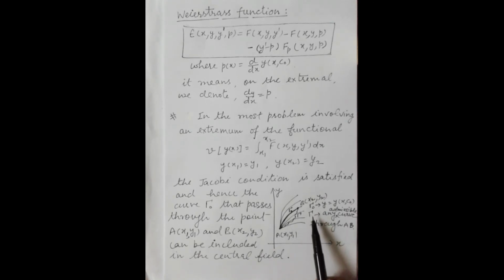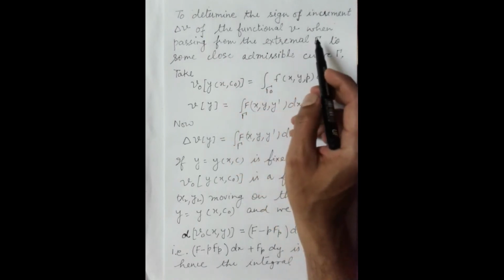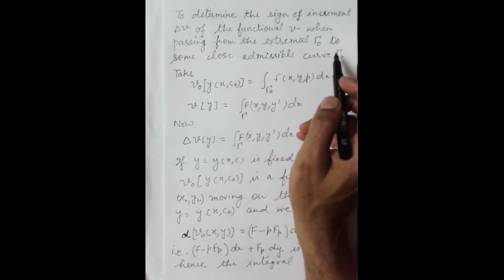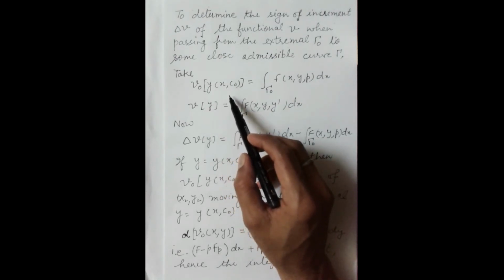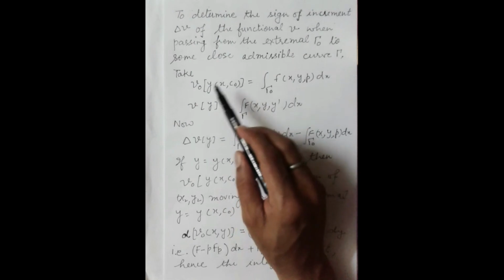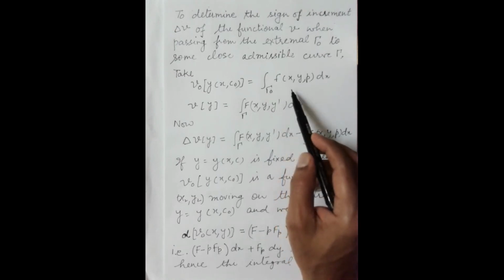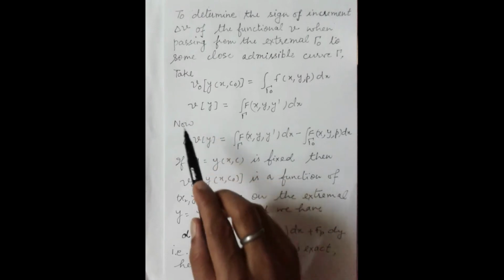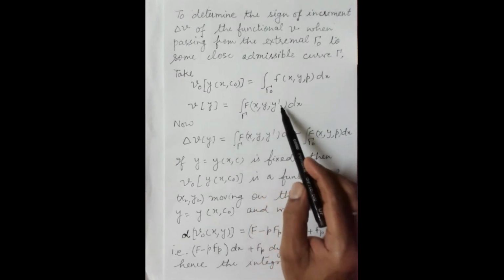Here let gamma be any admissible curve through A and B. To determine the sign of the increment delta V of the functional V when passing from the extremal gamma naught to some other admissible curve gamma, take V0 equal to the functional along the extremal y(x, c0), the integral along gamma naught of F(x, y, p) dx, and V(y) equal to the integral along gamma of F(x, y, y') dx.